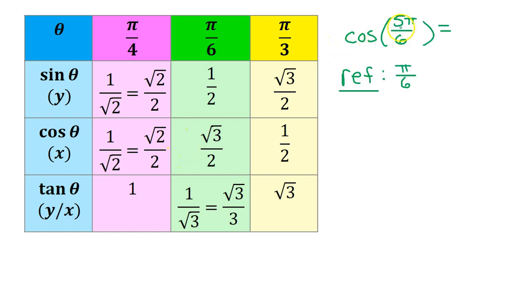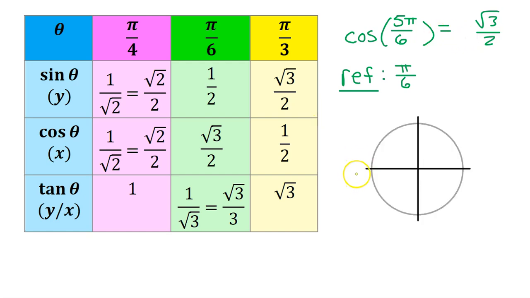For the cosine of 5 pi over 6, the reference angle is pi over 6. And the cosine of 5 pi over 6 will be equivalent to the cosine of pi over 6, which is radical 3 over 2, except that it might be negative depending on the quadrant. We can think of pi as 6 pi over 6.